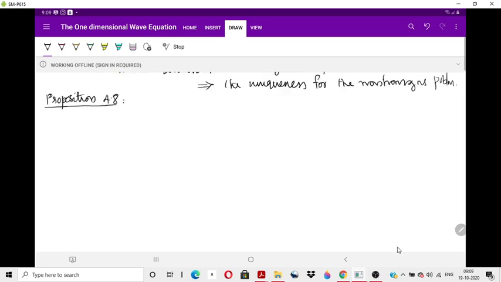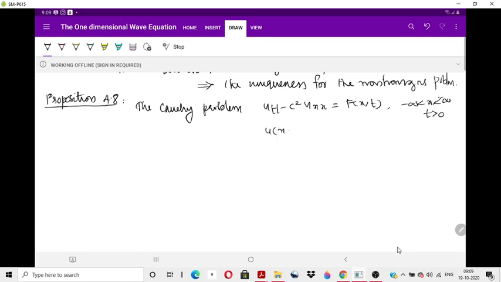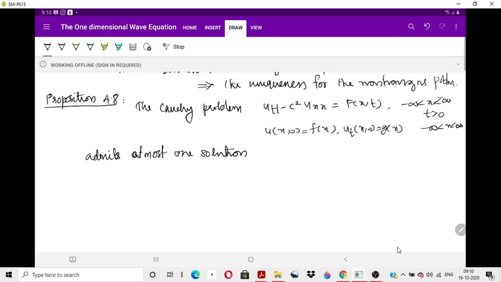Now the proposition is: the Cauchy problem given by equation 1, that is u_tt minus c squared u_xx equal to F of x, t, where minus infinity is less than x less than infinity and t greater than 0, u at (x, 0) equal to f of x, u_t at (x, 0) equal to g of x, for minus infinity less than x less than infinity, admits at most one solution.